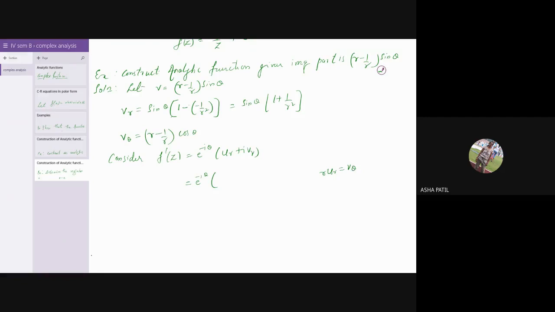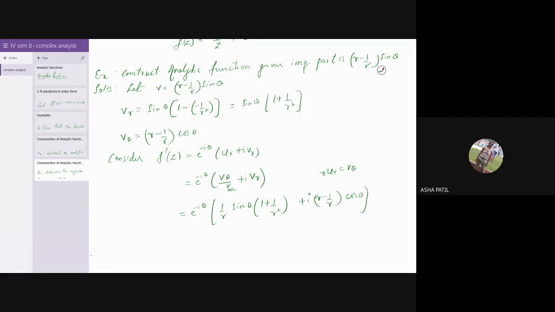So ur equal to v theta divided by r, plus i into vr which we keep as it is. Now substitute: 1 by r as it is, v theta is sin theta into 1 plus 1 by r square, plus i, vr is r minus 1 by r into cos theta.